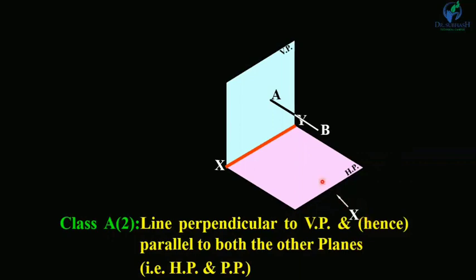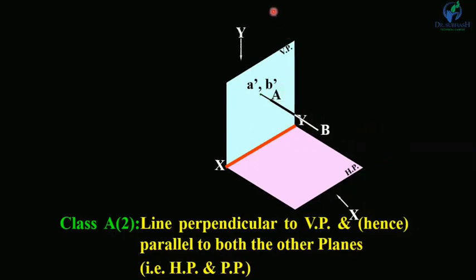Now looking from this direction X, the projection of this AB on VP, this A dash B dash, the front view, is a point, and both are on the same point. So if the line is perpendicular to VP, then its front view is a point view.